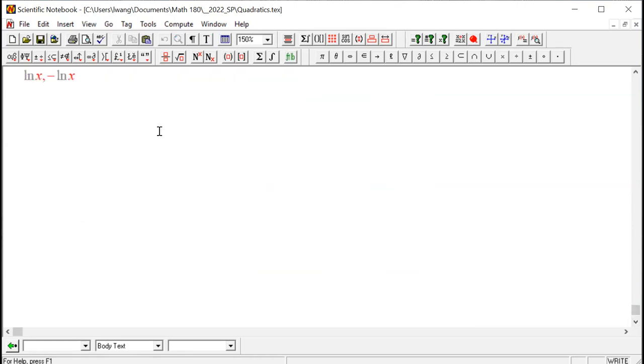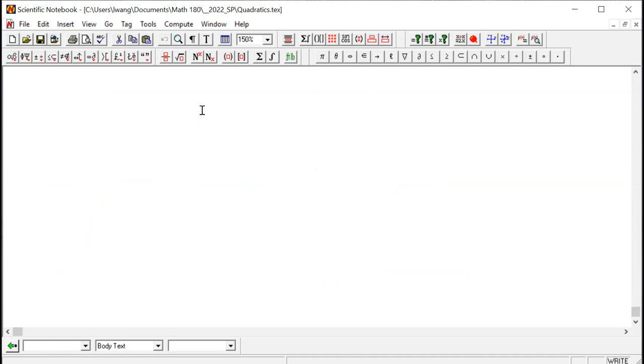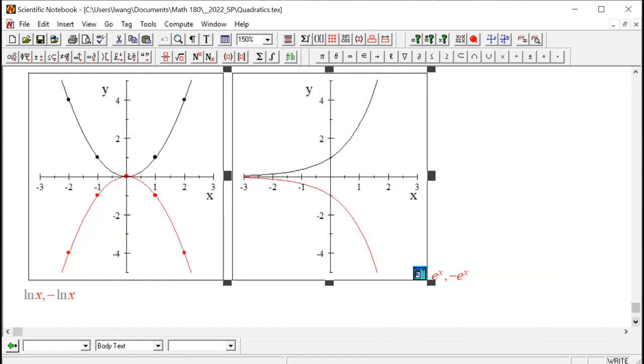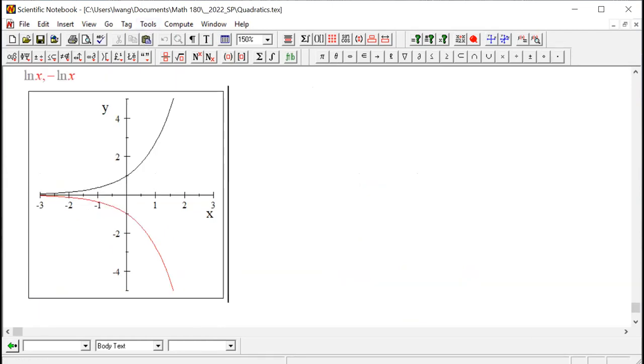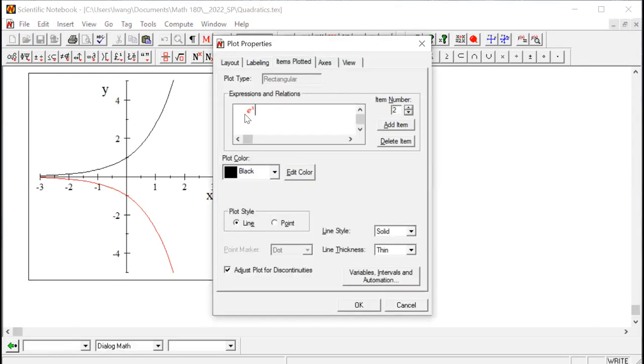Okay, ln x and negative ln x. So I'm going to take this picture and just change the function. The function will be changed to ln x. So this is going to be ln x.